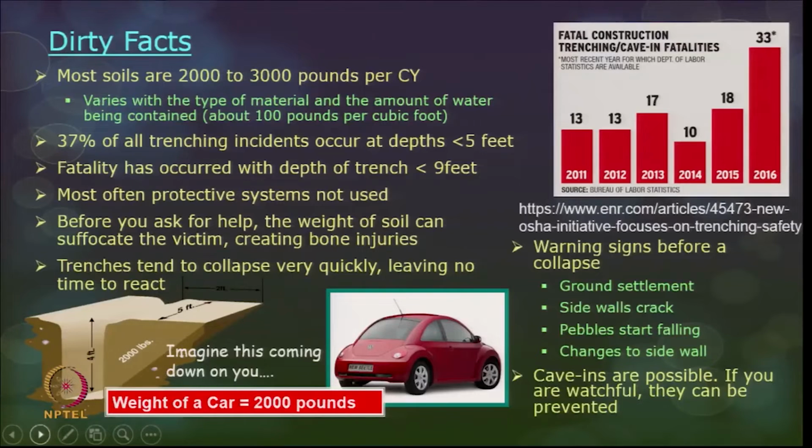Imagine a normal medium sized car just falling on you. That is the weight of the soil which will fall on the workers, and it takes very few seconds for the worker to react to the soil which falls onto them.